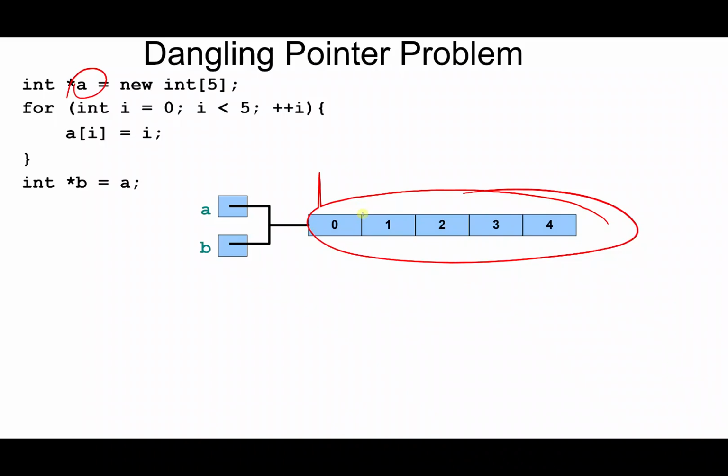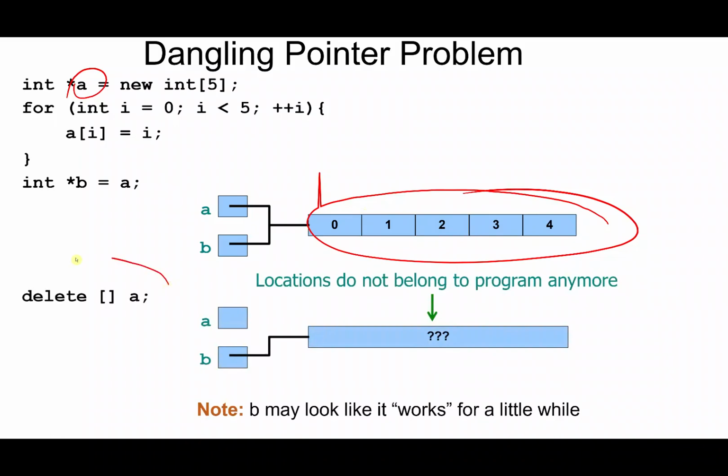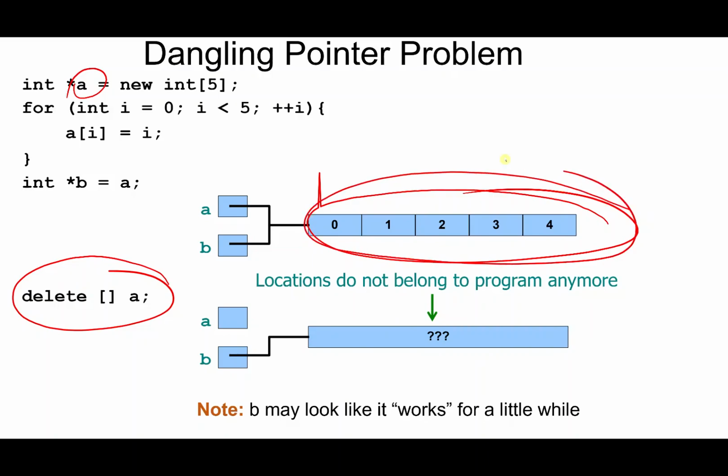Now, a memory leak is going to happen only in the heap. Because look at this one. Now if I do delete a, I'm asking the compiler to give back those locations to the operating system.